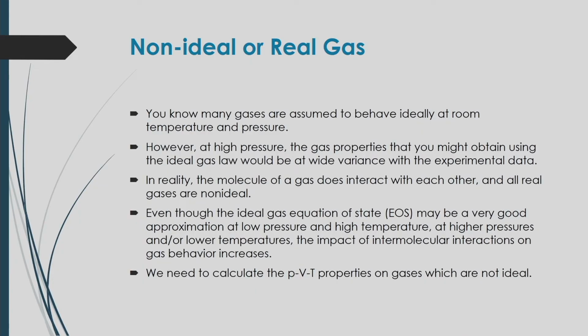So, we need to calculate the pressure, volume and temperature properties of gases which are not ideal, and this also has to be considered in the same fashion as the ideal gas equation. Before going to that, we have to understand the difference between ideal and non-ideal gases.